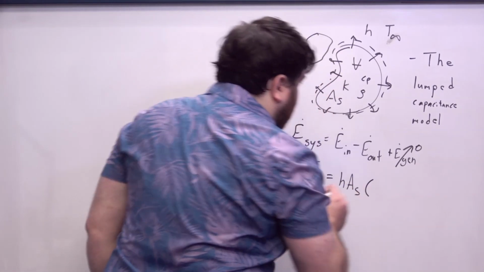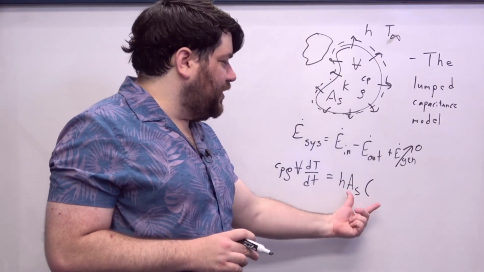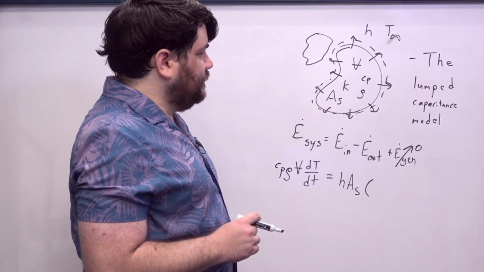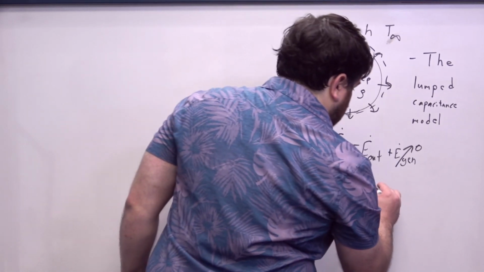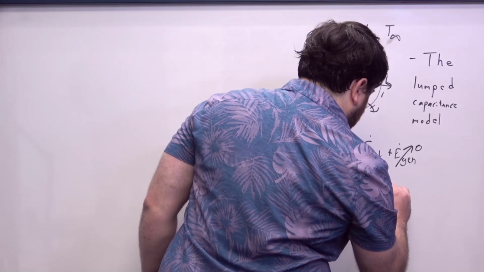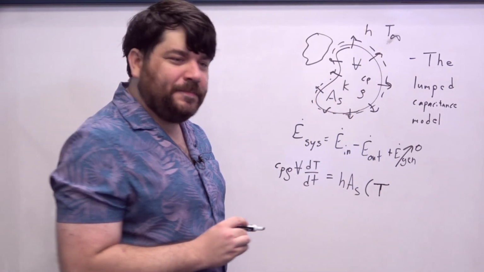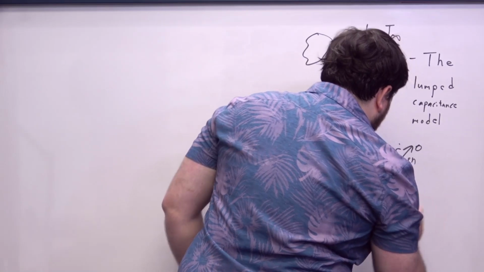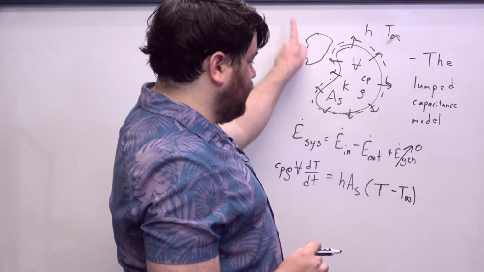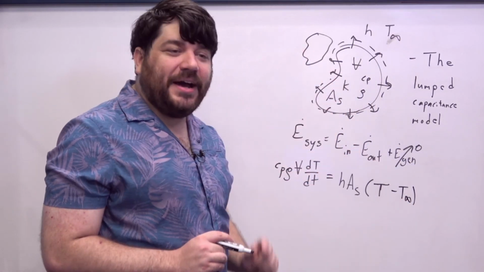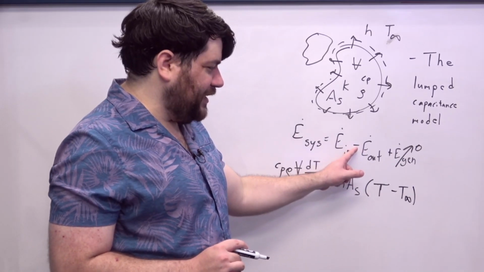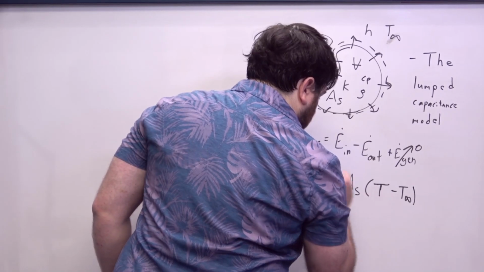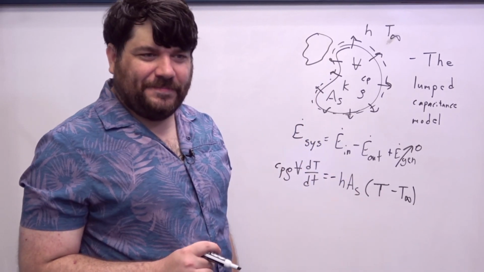And then we have to multiply by a temperature difference that makes this quantity positive whenever stuff is flowing out. And that would be the temperature of the object, T, minus T infinity. But because this is a heat flux going out, we have to add the minus sign that shows up as a result of the minus sign in the E out expression. So we get negative this.